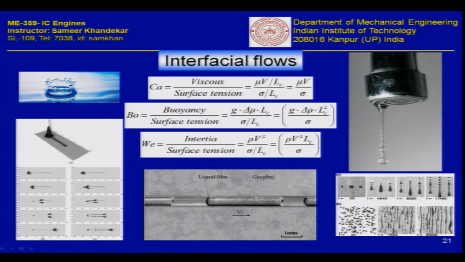You have also seen a very simple experiment which you can do in your own bathroom. If you look at a very small jet of liquid oozing out from a water tap, you will see that as it goes down, the area of cross section reduces, naturally, because it is getting accelerated by gravity.